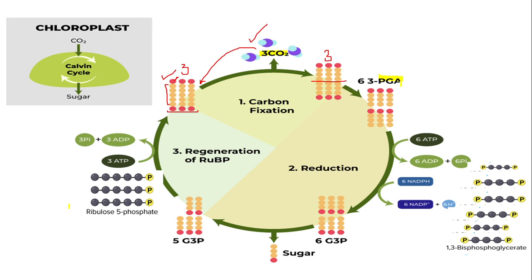So guys, in the next step, the ATP will be used. Here are the 6 ATP which will split, and why are these 6 ATPs? Because there were previously 6 molecules of phosphoglyceric acid.